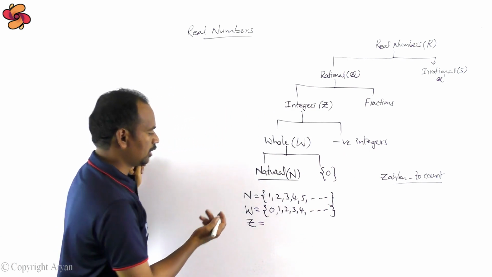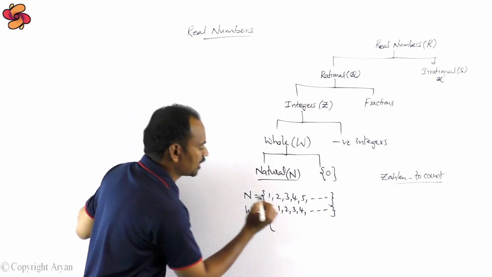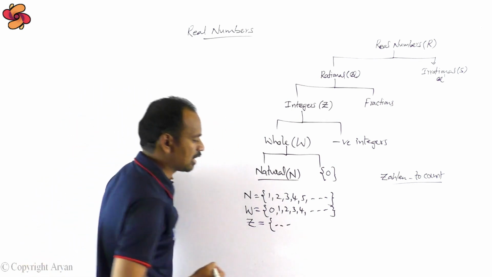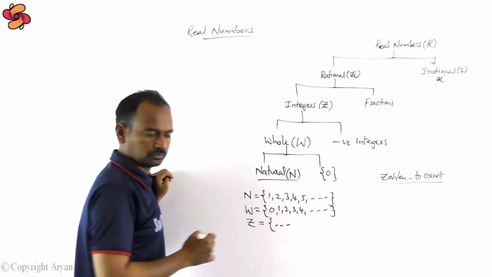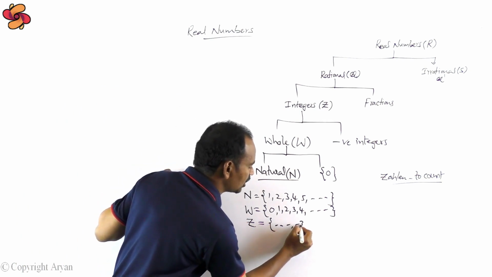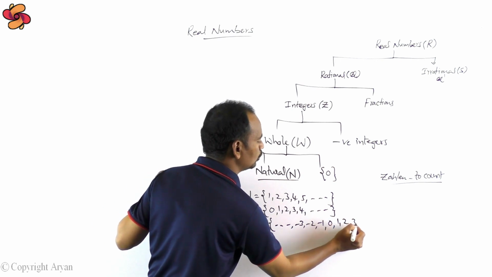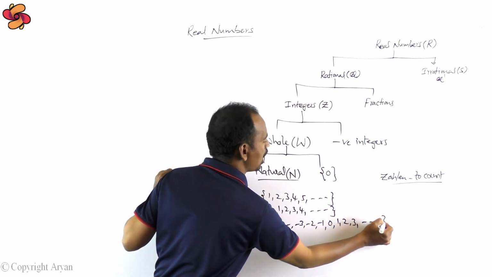Right? Here in general, the set of integers will be like this. Very firstly, I am going to write the and so on symbol. And here I can write -3, -2, -1, 0, 1, 2, 3 and so on.